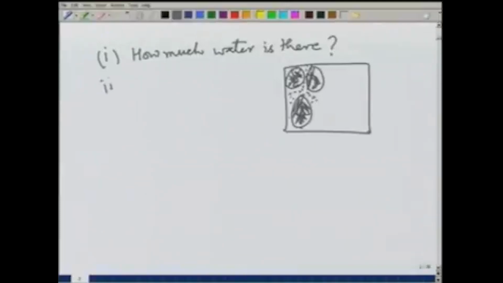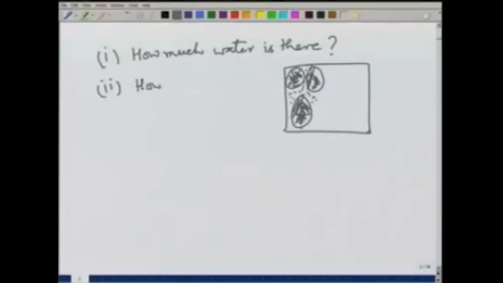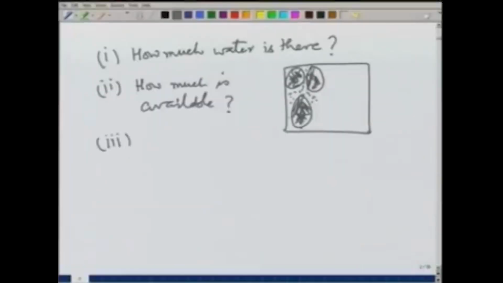Second is how much can be taken out, because all the water which is present there may not be taken out, because some of it will be attracted to the grains and will not be available. So, from a water sources engineer point of view, we have to look at how much of this water is available for us. And the third thing which is also important is how fast can this be taken out.